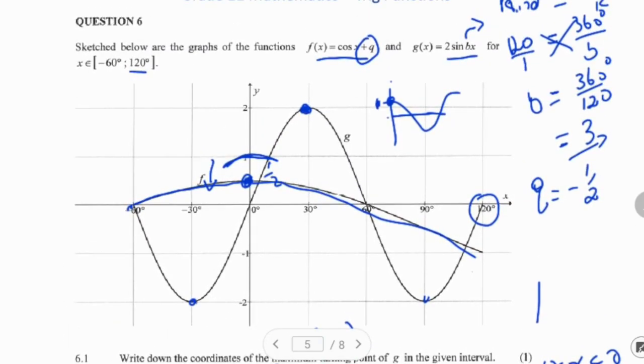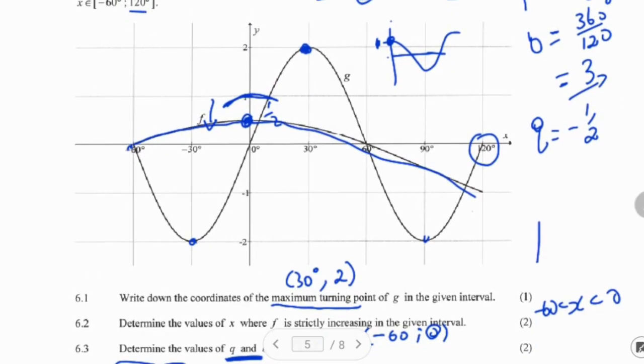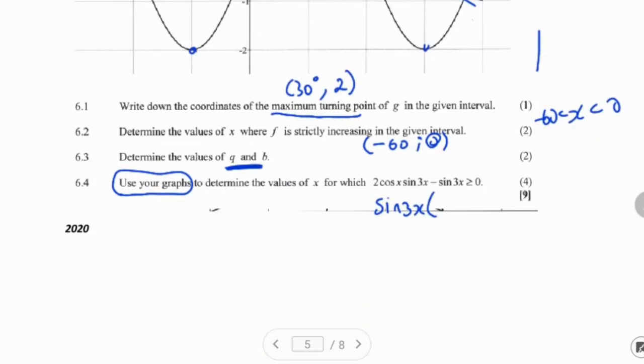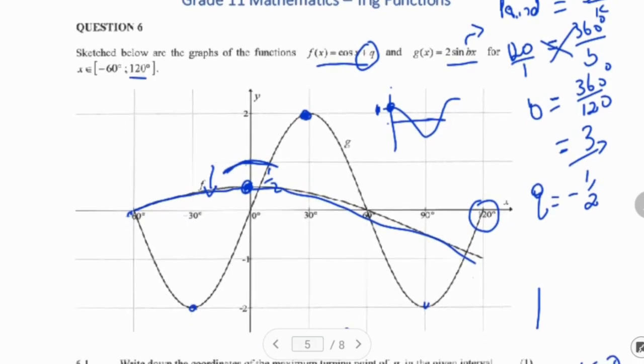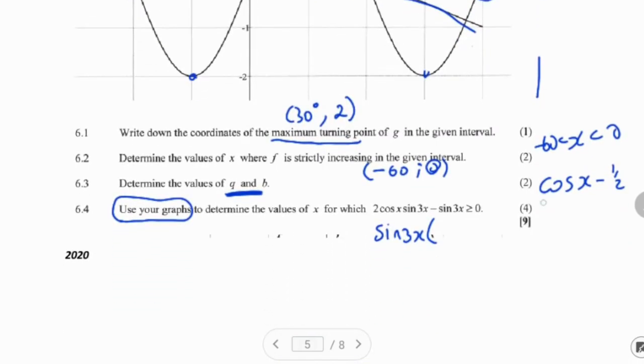So our graphs is cos x minus a half. Let me just write them down. Our graphs is cos x minus a half, and then 2 sine 3x. We have 2 sine 3x, but we do not have minus a half.